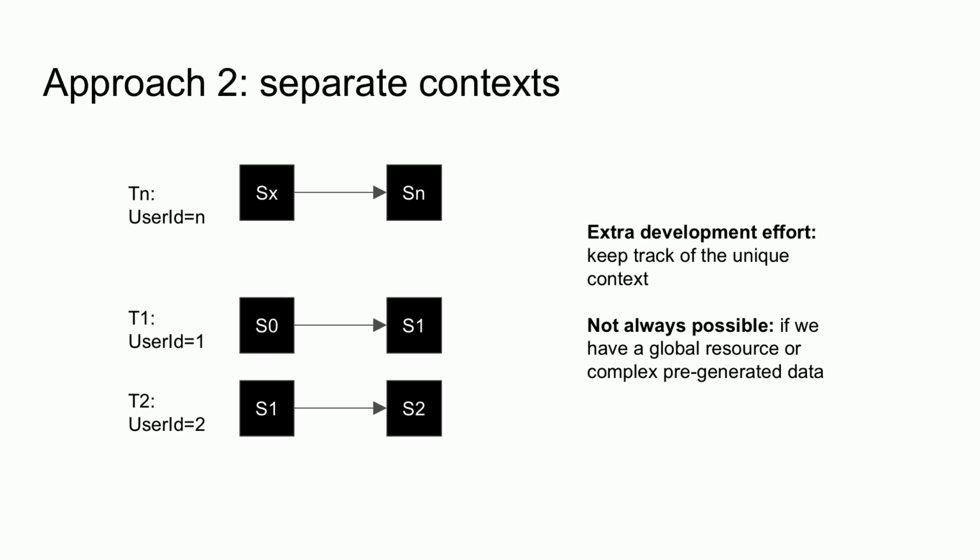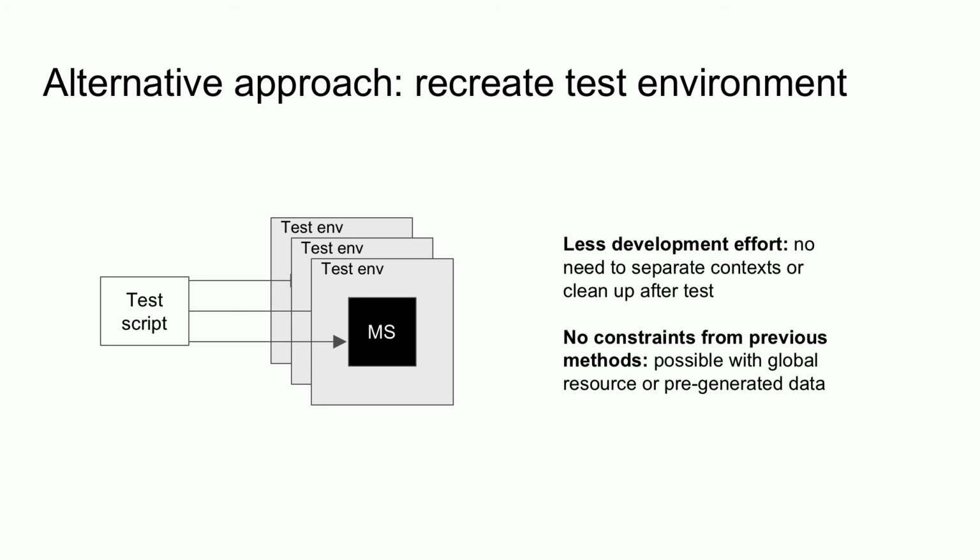Do we have other options? We actually could do something like this. We could recreate the entire test environment for each test. So basically, each test runs against a unique test environment, and they are independent of each other.